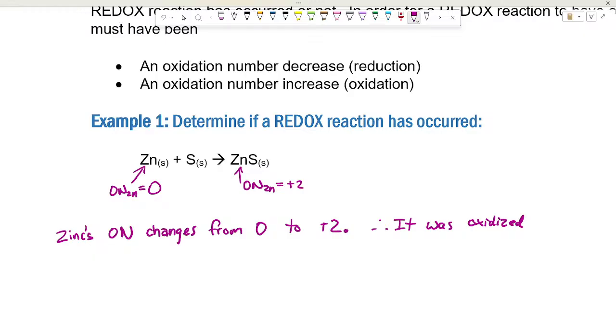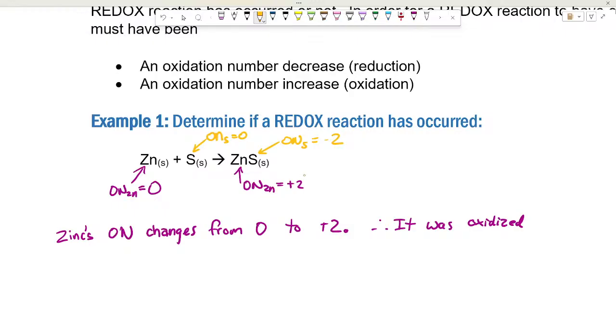I have a question. For sulfur, the solid part would be 0. So what would the other side be? Yeah, let's look here. The oxidation number of sulfur on its own is 0, and then here the oxidation number of sulfur is just its charge. And what's the charge of sulfur in an ionic compound? Always negative 2. And of course we know that the oxidation numbers have to balance out to the overall charge.